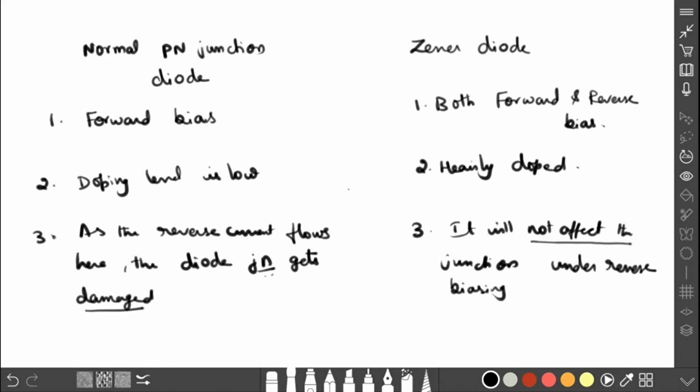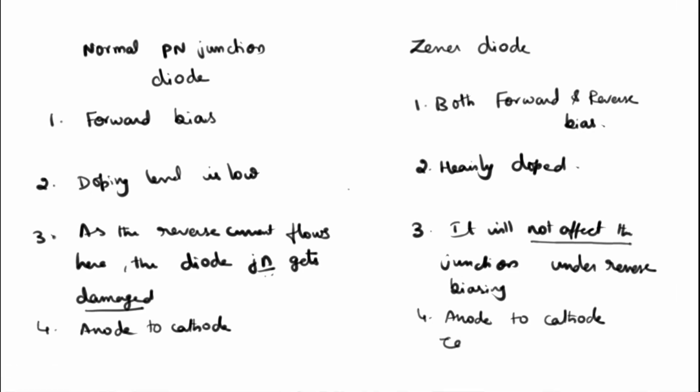The next point, as I already mentioned: the current flows from anode to cathode only in the normal diode, but in the Zener diode it flows in both directions, anode to cathode and vice versa, cathode to anode.